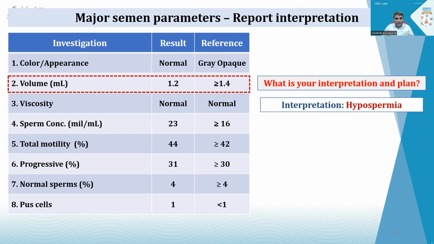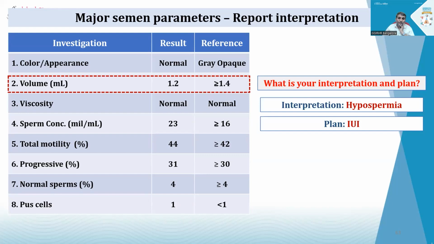Now see here. It is called hypospermia. Answer is correct. So the interpretation is hypospermia. Volume is less, and the rest is everything normal. Now you can plan for IUI, because volume is not enough and all the sperms are killed due to vaginal acidity. Better to plan to bypass the vagina.